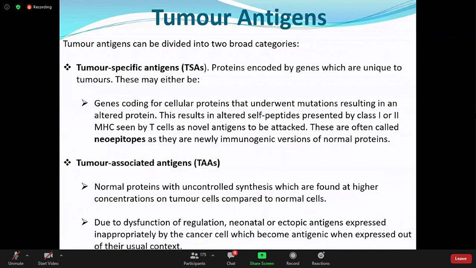And so they have come about as a result of mutations in the genes coding for those proteins. And as a result of those mutations, those proteins are conferred different functions. I think probably Dr. Barnes already talked to you about this.